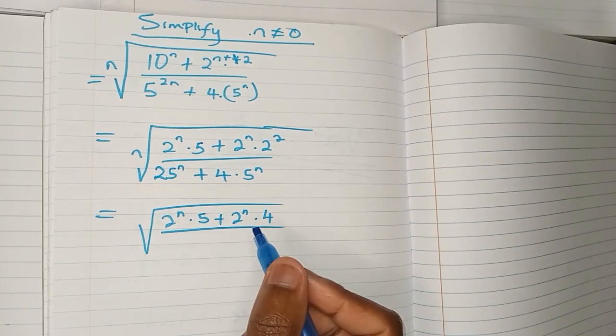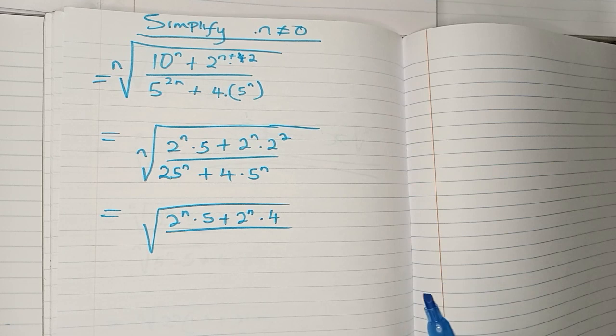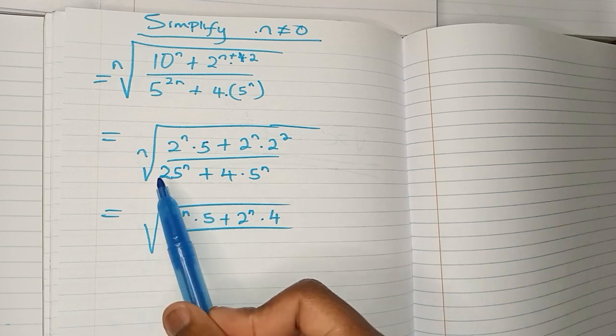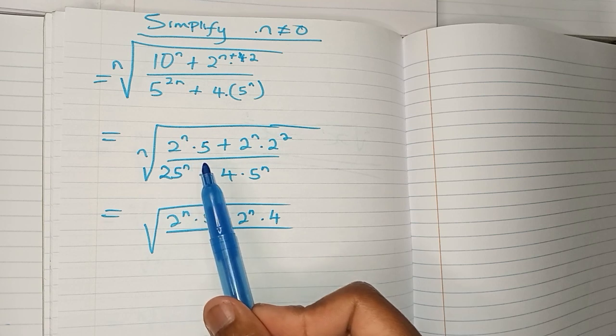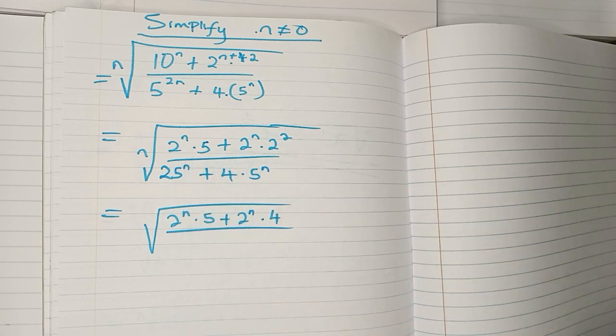And now here comes the tricky part, because you would expect me to go back and forth with saying this is 5 squared or something like that, but you know that 25 can be written as 5 squared, but it can also be written as 5 times 5, right?